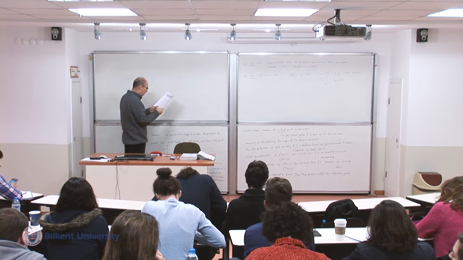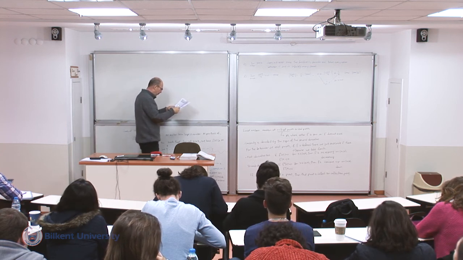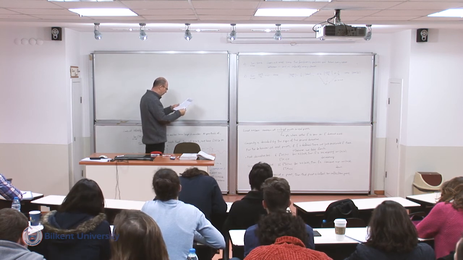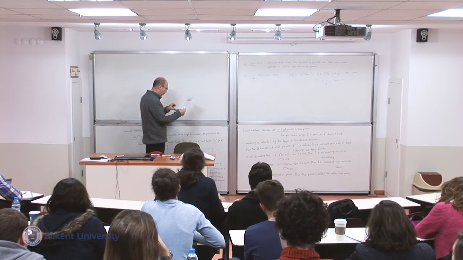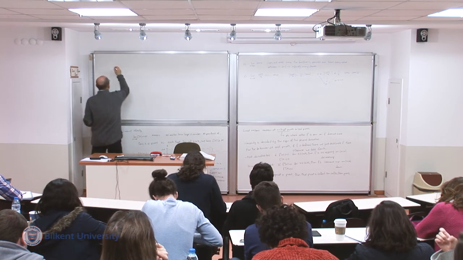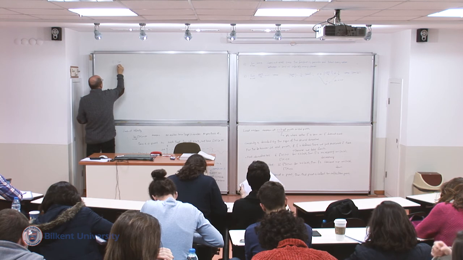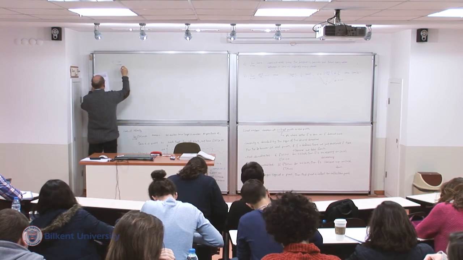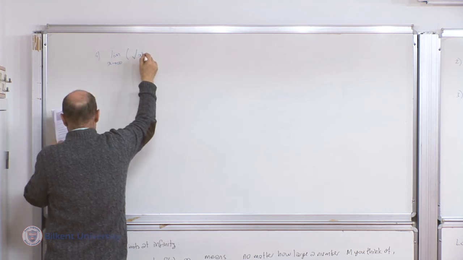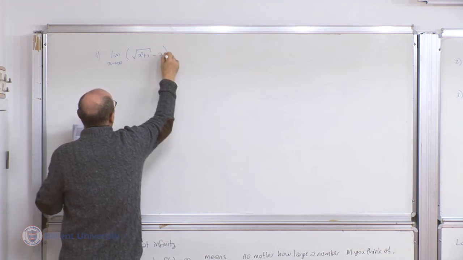So I have this example, number 4. Let's look at this limit as x goes to infinity of the expression square root of x squared plus 1 minus x.